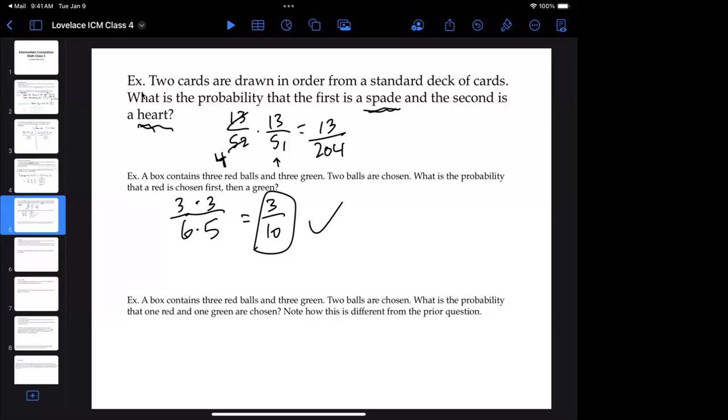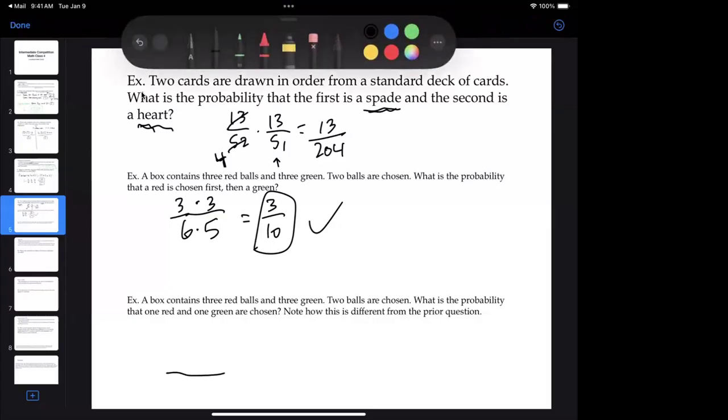All right, does anyone have any ideas for the second question? To help you get started, I think the denominator, our total number of possibilities, would be the number of ways to just choose 2 balls out of 6, right? So 6 choose 2. Because when we do choosing, order doesn't matter. And in this case, order does not matter.